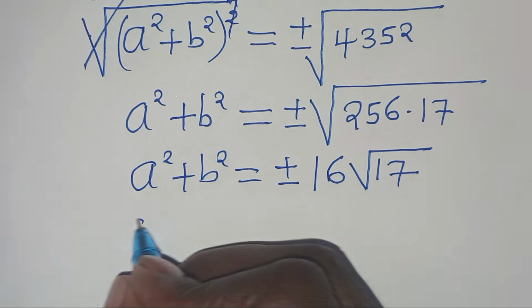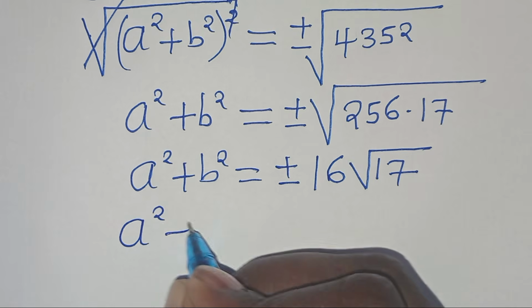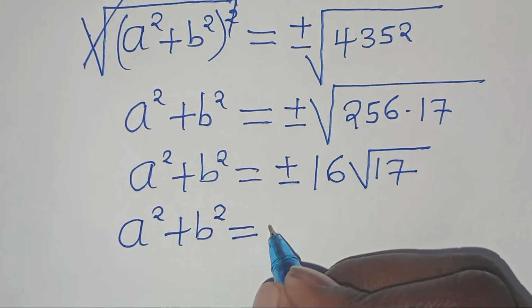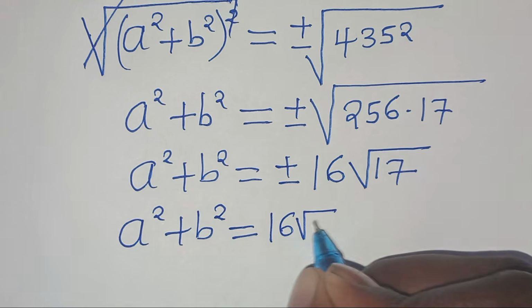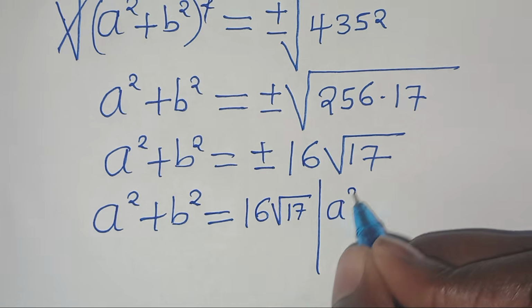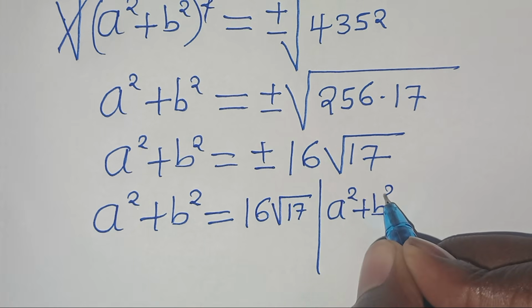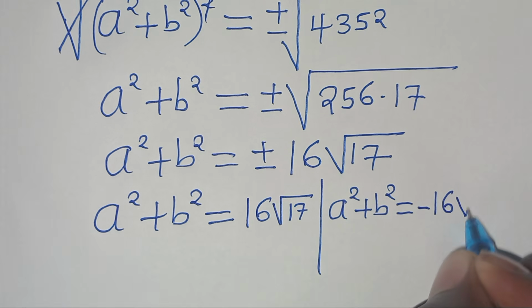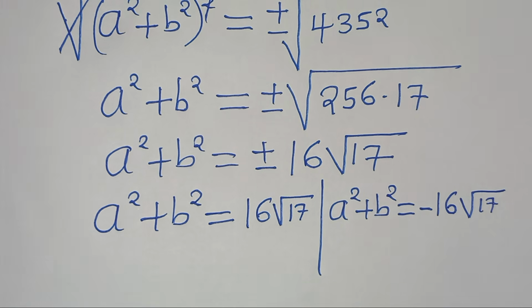Now this is to mean that a to the power of 2 plus b to the power of 2, this is equal to 16 square root of 17, or we have a to the power of 2 plus b to the power of 2, this is equal to negative 16 square root of 17.